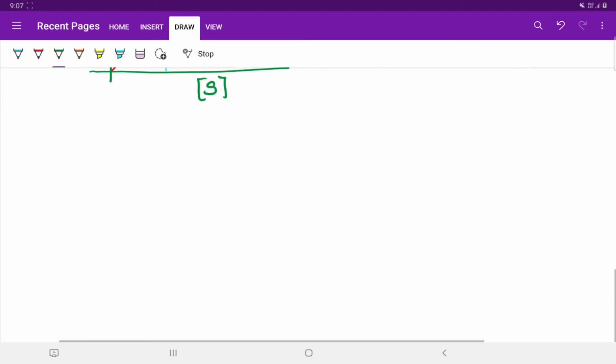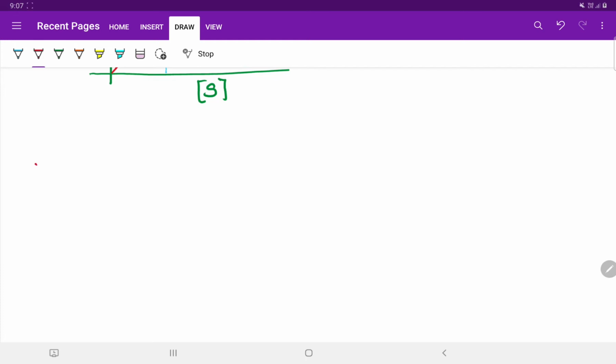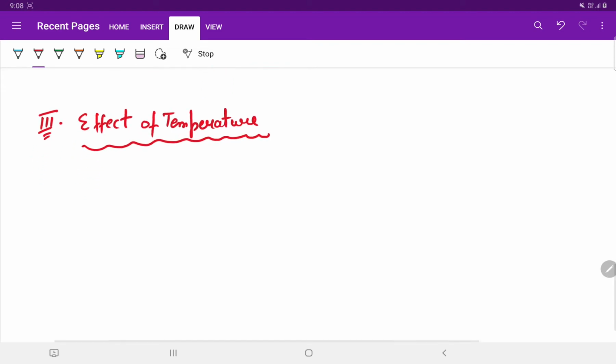So, the next effect is the effect of temperature. How does temperature help to determine the enzyme activity? The velocity of the enzyme reaction increases with the increase in temperature up to a maximum, then declines sharply. Let us see what this means.